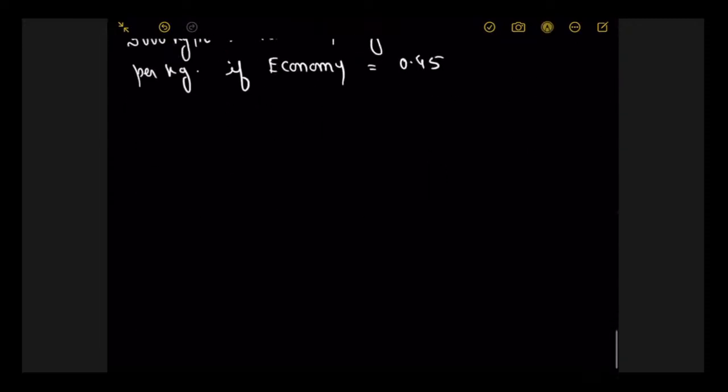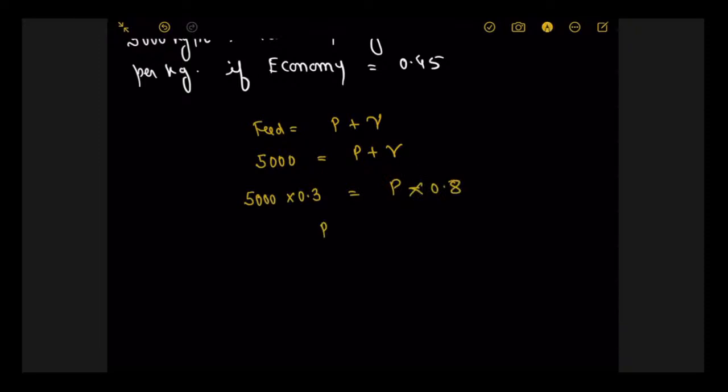So here again, feed equals product plus vapor. 5000 equals product plus vapor. So 5000 into 0.3 equals product into 0.8. So P equals 1875.